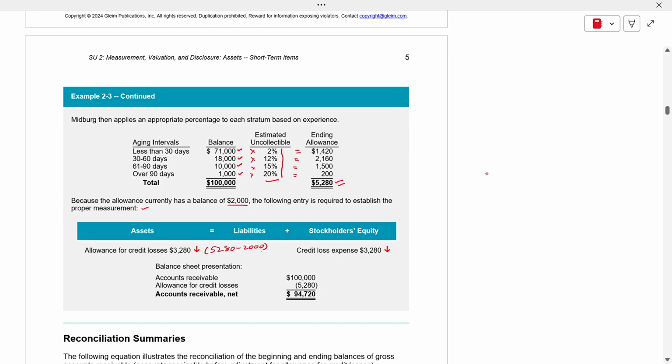In the receivables, they are reducing the assets by 3280, and they are also reducing the profits, the shareholders' equity, from the retained earnings, the profit and loss account. Don't get confused. They are reducing the profits by 3280. The total amount is going to be 5280.